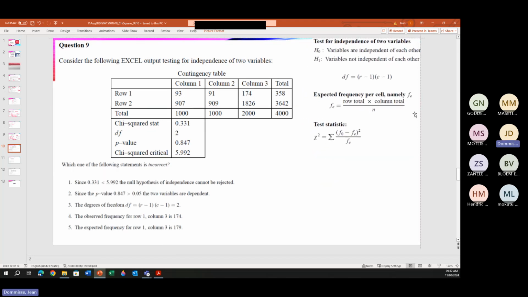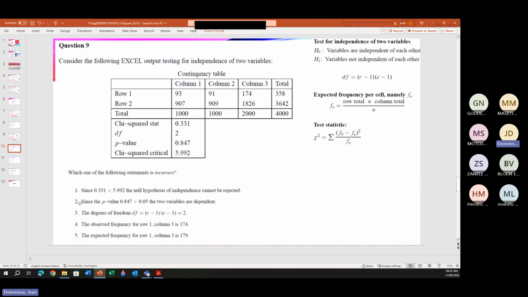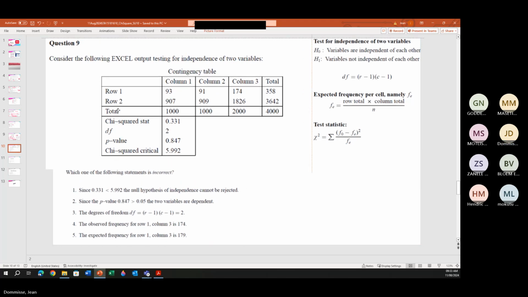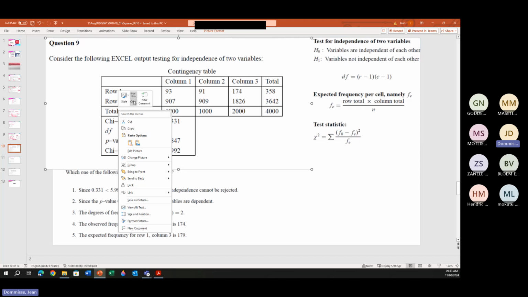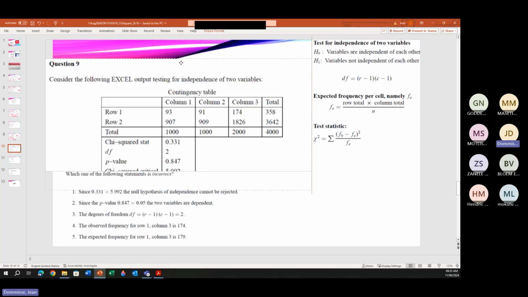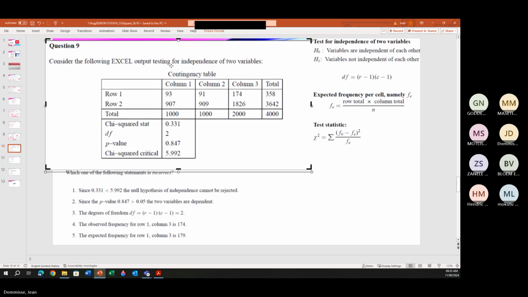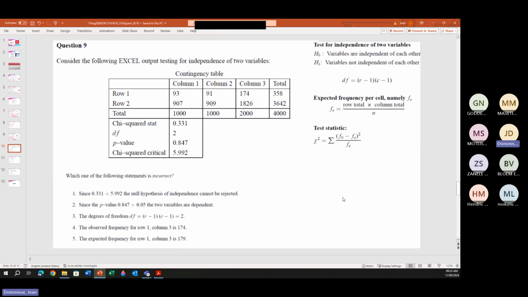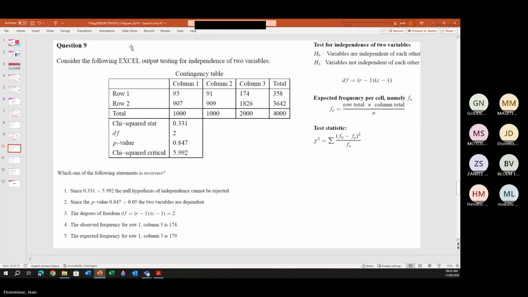Let's make a plan so that it is there. Okay, so let's look at the questions, and don't worry, we'll work in that space. Okay, we get this information.